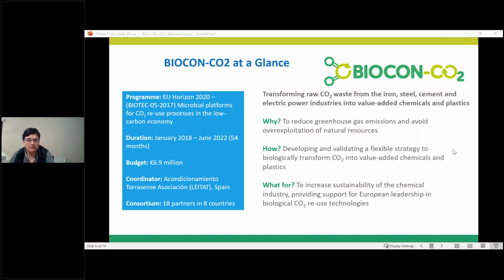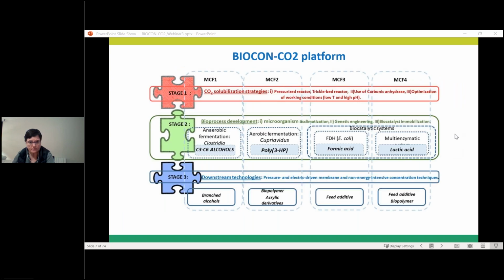Developing and validating a flexible platform, a flexible strategy to biologically transform CO2 into value-added chemicals and plastics. Doing so, we will contribute to increase the sustainability of the chemical industry, also providing support to European leadership in biological CO2 reuse technologies.